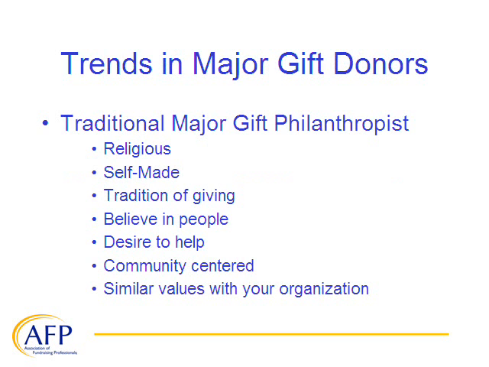So I'm going to talk about two types of major gift donors, the traditional major gift philanthropist and then the venture philanthropist. When we talk about the major gift donors in the traditional sense, I would encourage you, if you haven't read it, to read it, and if you haven't read it for a while, to revisit it.